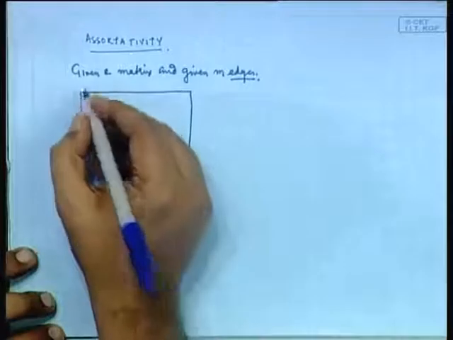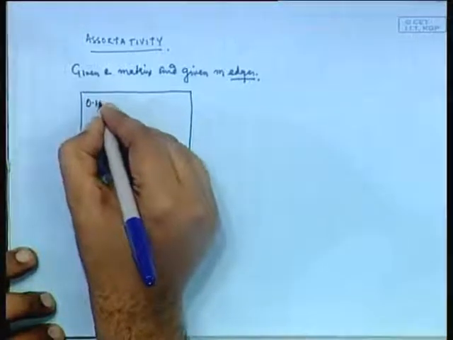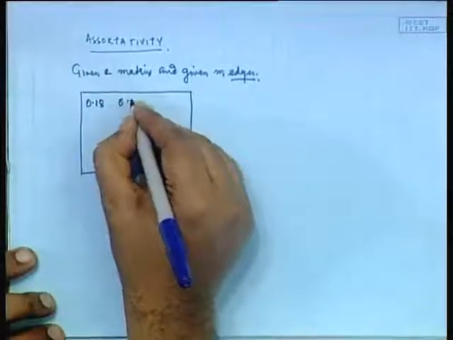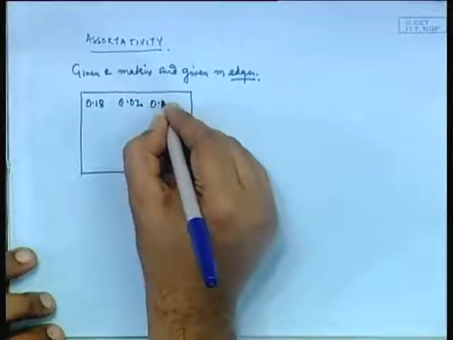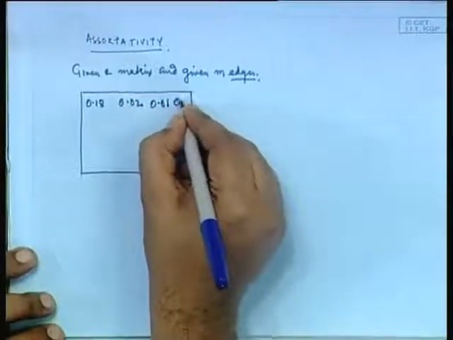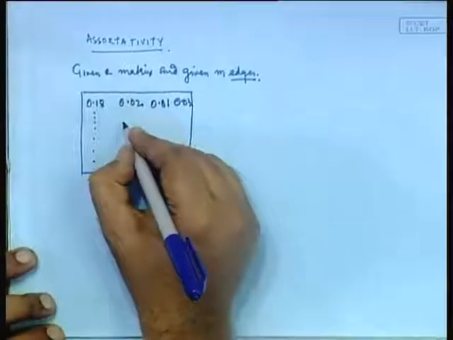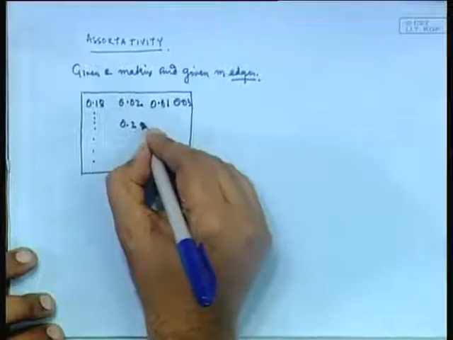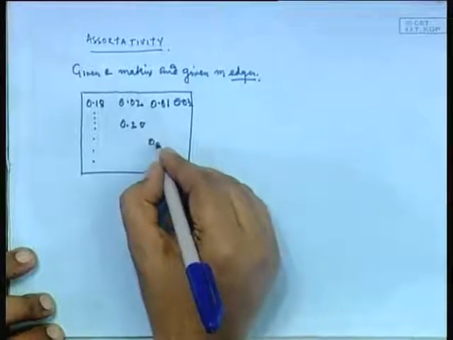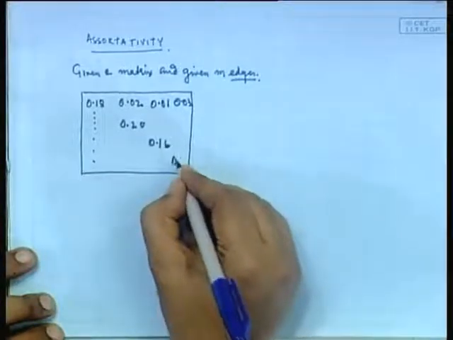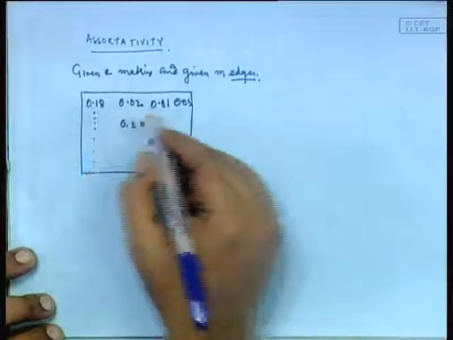Given E matrix, given M edges like 0.18, 0.02, 0.01, 0.03. Okay, this way things can go 0, 0.20, 0.16, 0.22. Okay. And let us think.